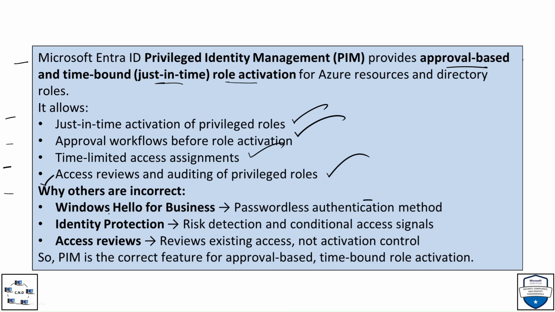So why the other options are incorrect? So Windows Hello for Business is a passwordless authentication method. Identity Protection is risk detection and conditional access rights. And access reviews review existing access, not activation control. So PIM, or Privileged Identity Management, is the correct feature for approval-based time-bound role activation.